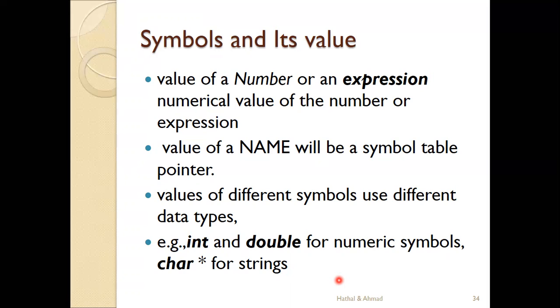The different symbols use different data types, and the value of the symbols depends on the data type of the symbols. Commonly int, float and double are used to represent numerical symbol values, and character pointer is used for strings.